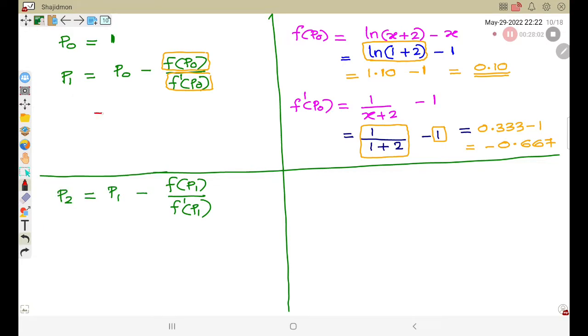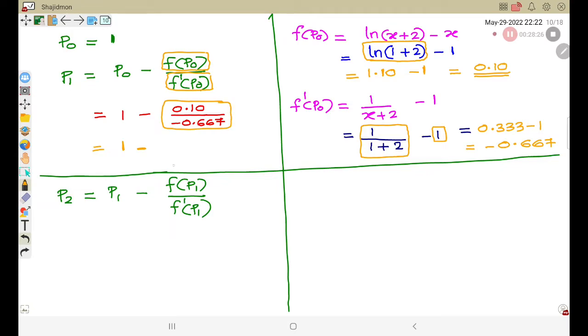Now we can apply here P0 number 1 minus f of P0 number 0.10 divided by f dash P0 number minus 0.667. Correct? Again by 3 digits rounding we can calculate this one number, same minus this number, by using 3 digits rounding.